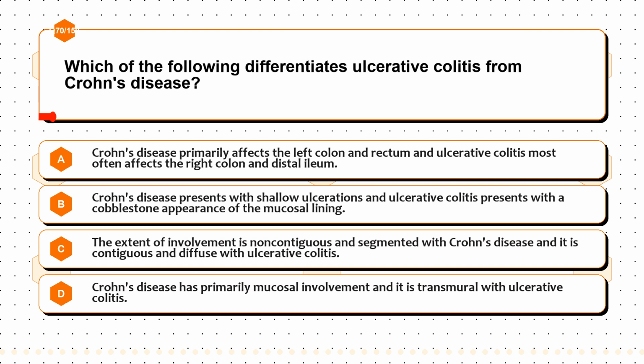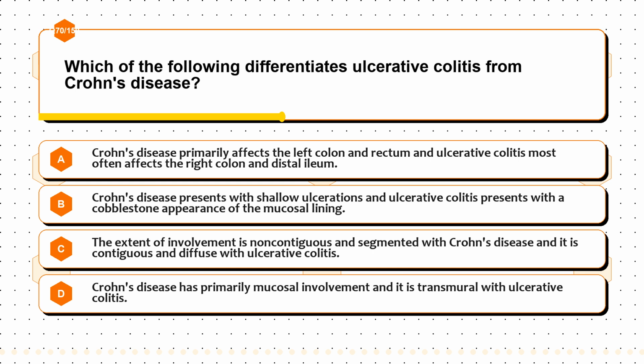Question 70. Which of the following differentiates ulcerative colitis from Crohn's disease? Here are the options. Option A, Crohn's disease primarily affects the left colon and rectum, and ulcerative colitis most often affects the right colon and distal ileum.